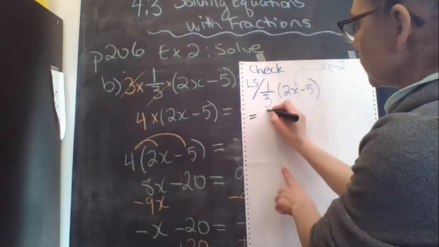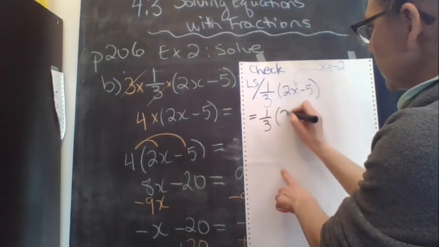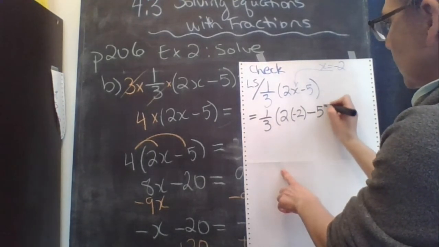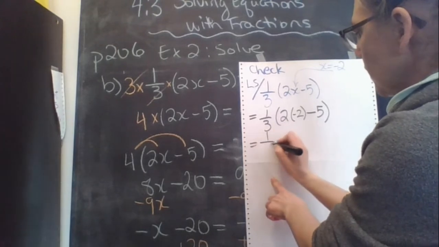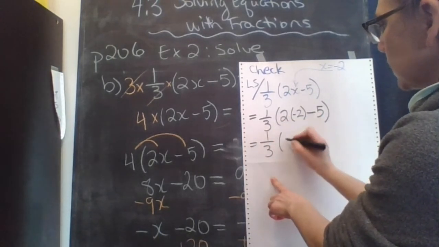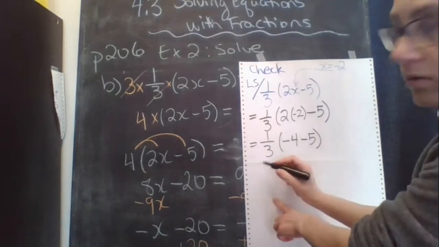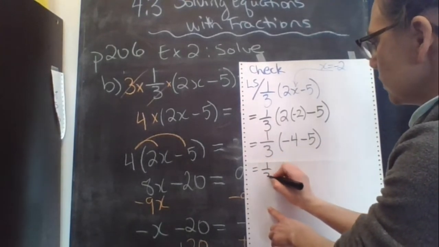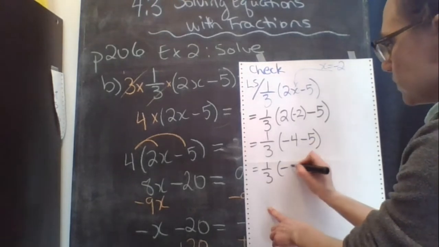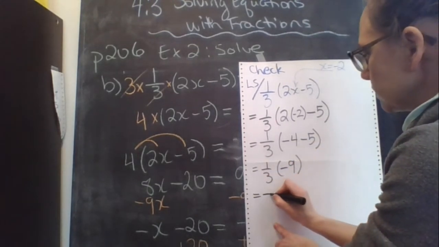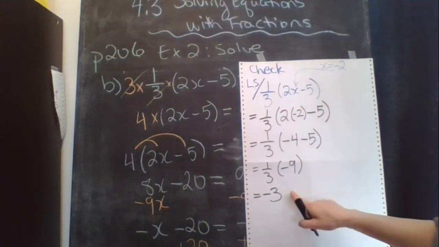This equals 1/3 bracket 2 times -2 minus 5. So I have 1/3, 2 times -2 gives me -4 minus 5. So I have 1/3 times -4 minus 5 gives me -9. -9 divided by 3 gives me -3. So there's my left side.